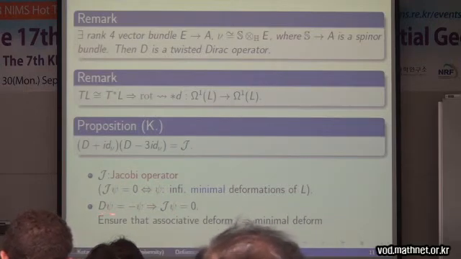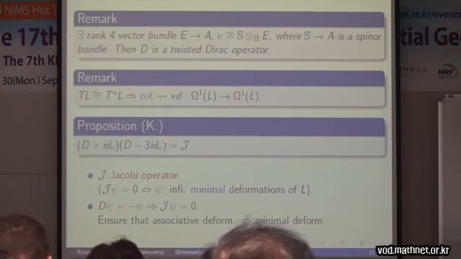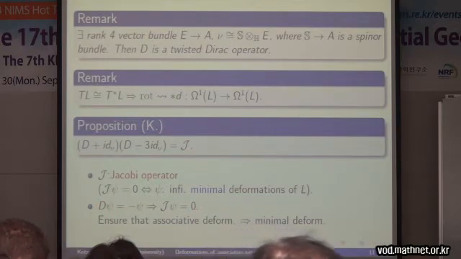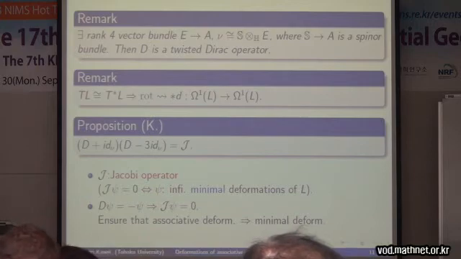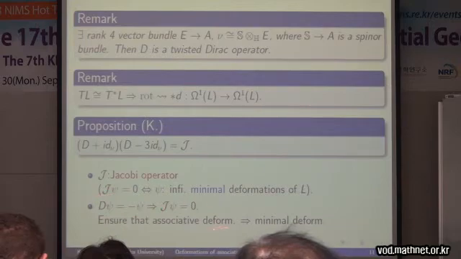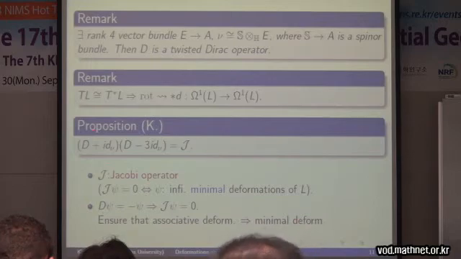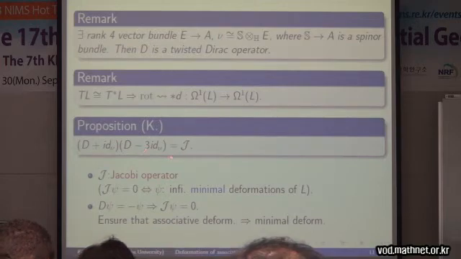If we set Dψ = −ψ, then we easily see that Jψ = 0. Since associative submanifolds are minimal, this relation ensures that associative deformations are minimal deformations. And by using this formula, we can define minimal deformations of associative submanifolds. To consider the minimal deformation space, we only have to consider the 3 eigenspaces of D.